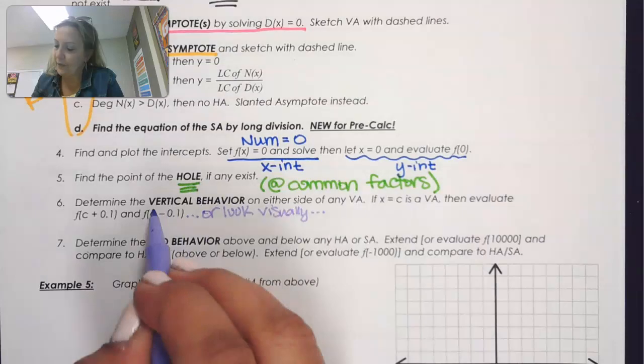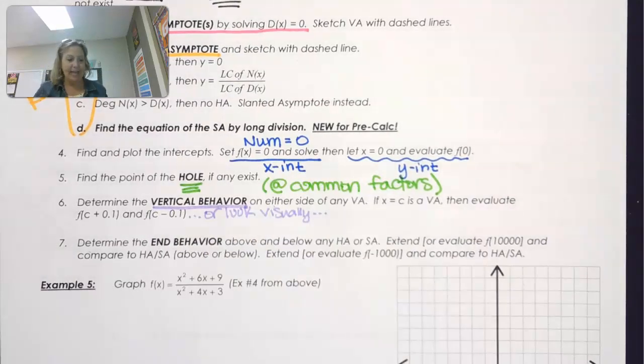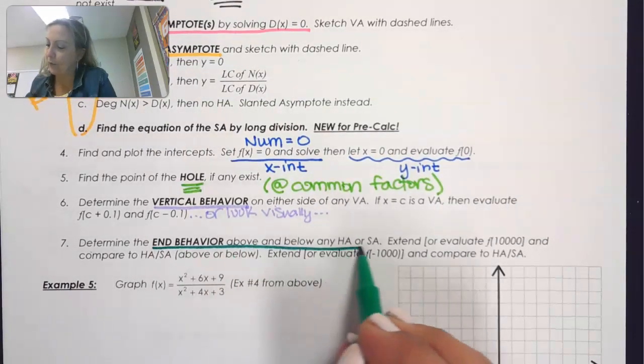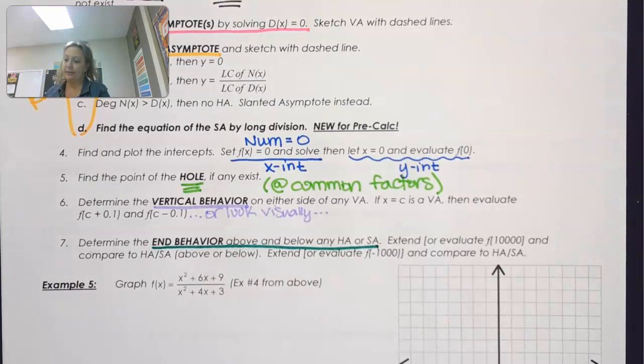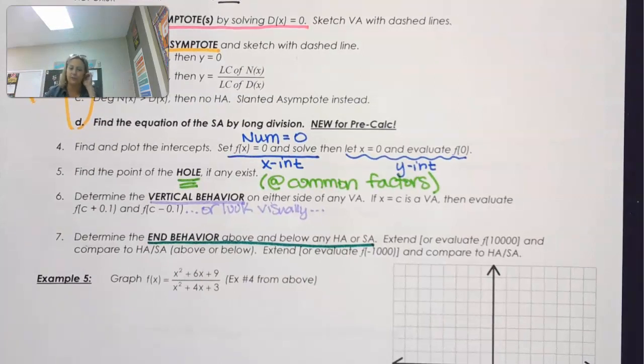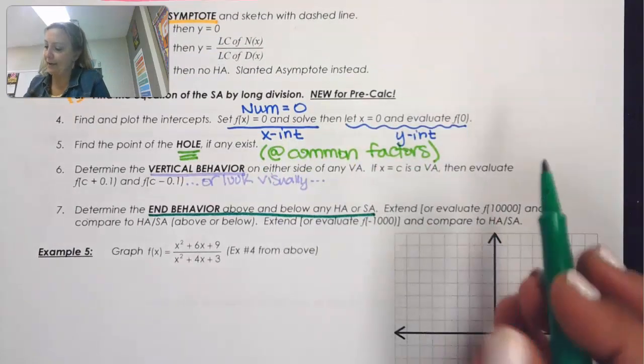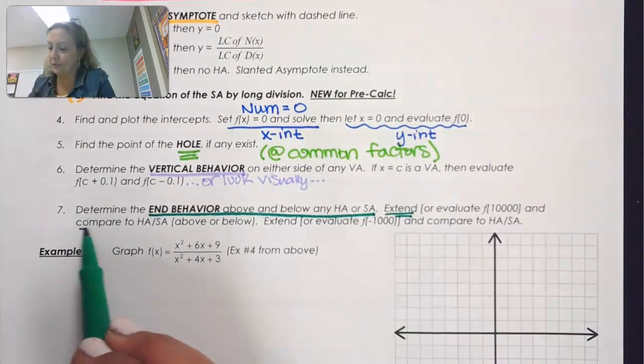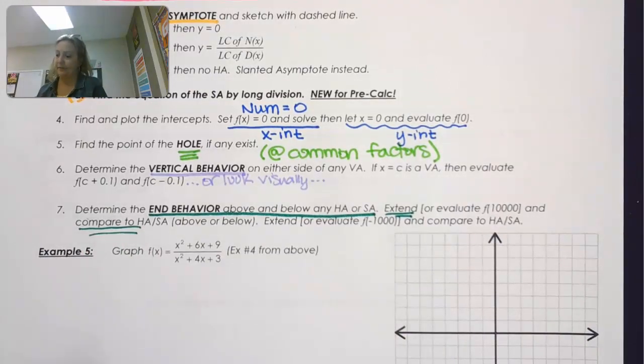So that's going to help us with the vertical behavior. And then when we have the end behavior of the function, that's when we're going to go above and below any horizontal or slant asymptote, which we'll get to in the next lesson. So again, we're just going to do that by extending and comparing to the horizontal asymptote, okay?